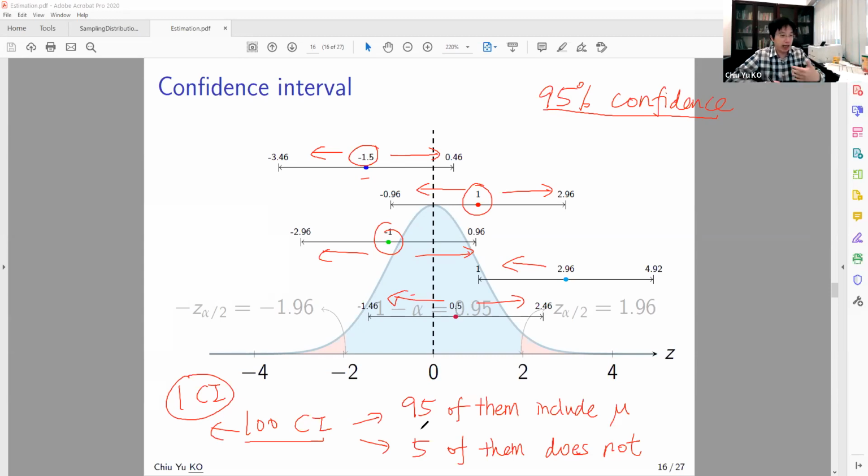But we don't know which 95 actually include it, we only know that 95 of them will include it, but we don't know which 95.